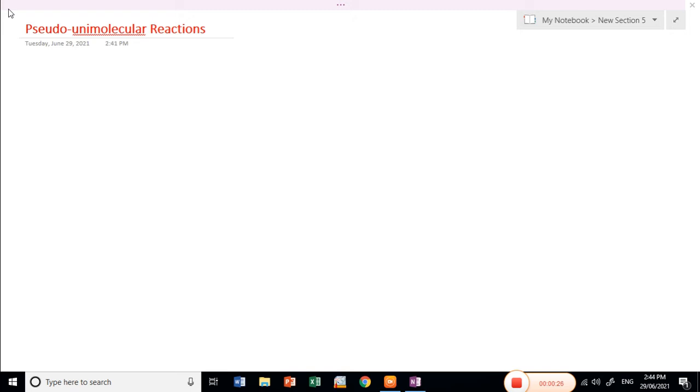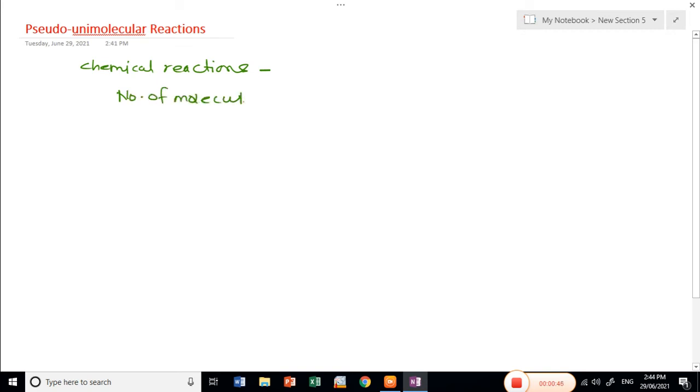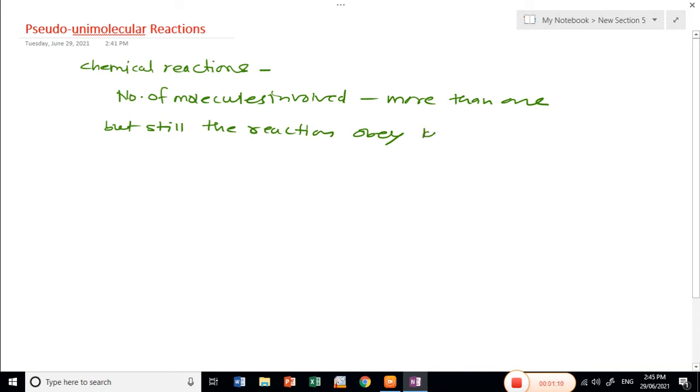These are chemical reactions in which the number of molecules involved is more than one, but still the reaction obeys the kinetic equation of first order reaction.